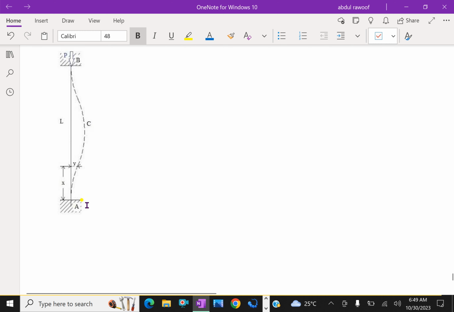Look at this figure. It's a column of length L having both ends hinged. The load at which the column just buckles or bends is called a crippling load.